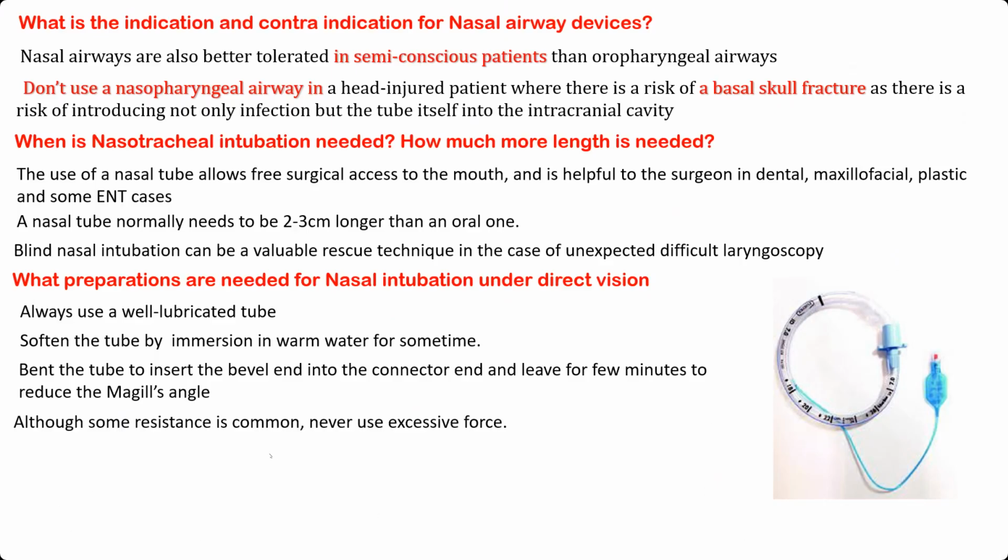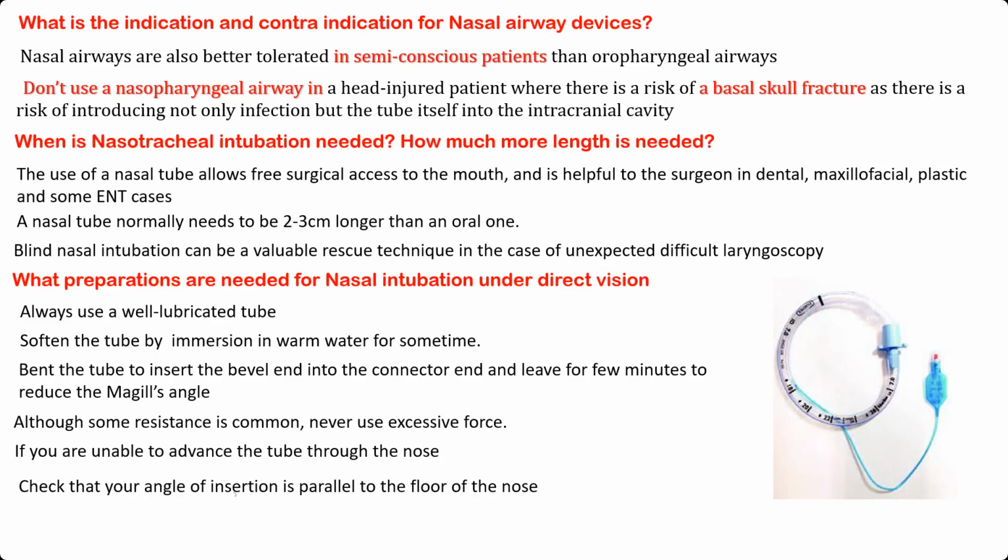Although some resistance is common, never use excessive force. If you are unable to advance the tube through the nostril that you have selected, don't push it through. Try the opposite one. Check your angle of insertion, whether it is parallel to the floor of the nose. Try gentle rotation of the tube.